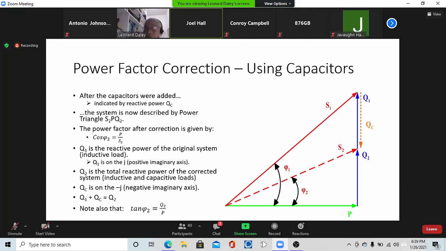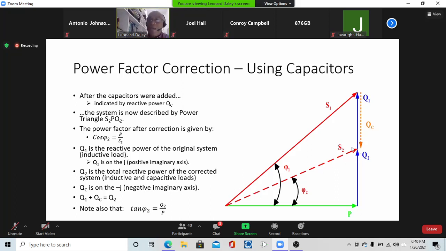Sir, is there a possibility that you could add enough capacitors to bring the diagram to a point where there's no inductive reactance? Yes, there's no reactive power. You could do that.